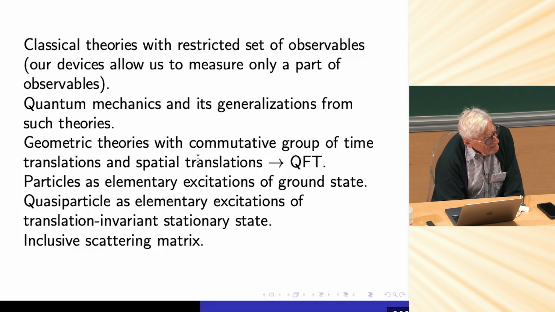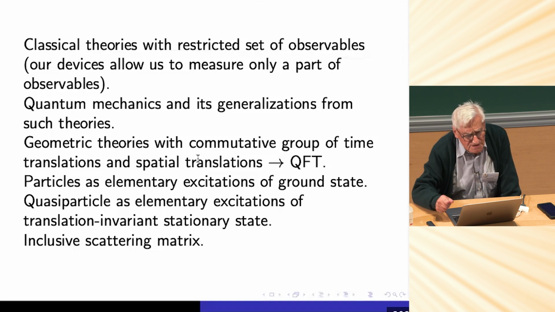So I presume that when you say allow us to measure only a part of observables, you can assume that if you have two, you can add them. Yeah. But you cannot, of course, multiply. But you can take commutators. Can take commutator.